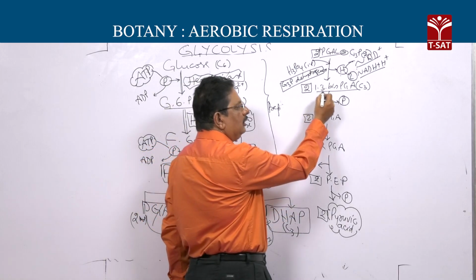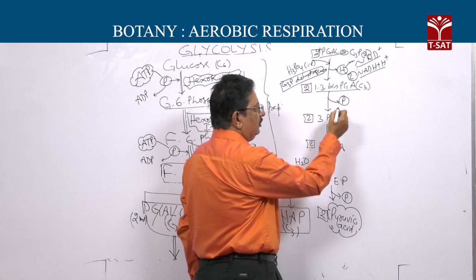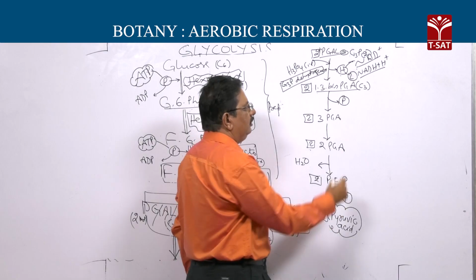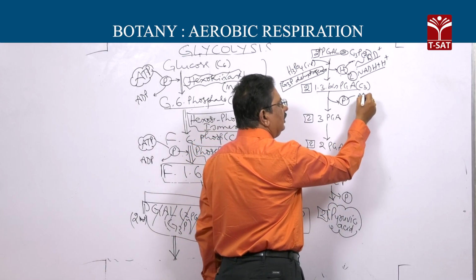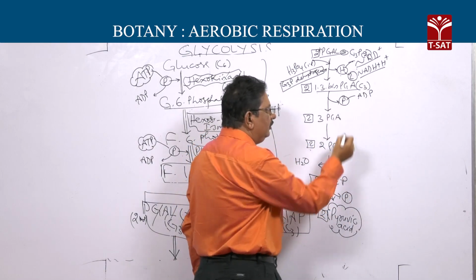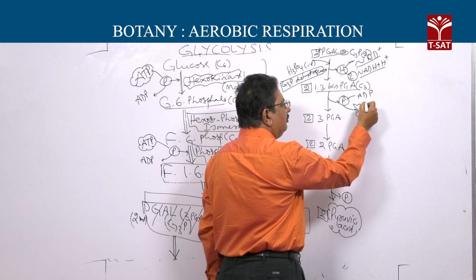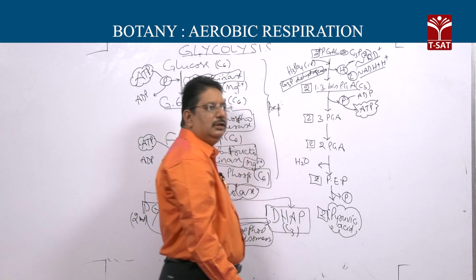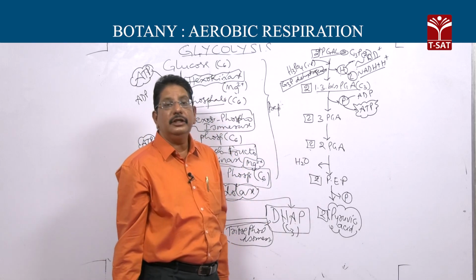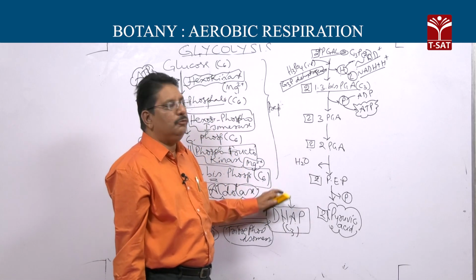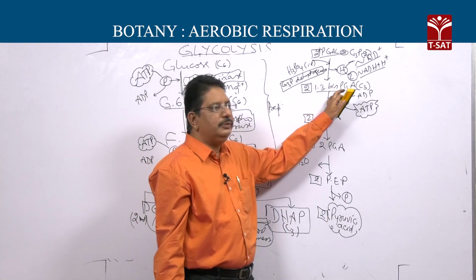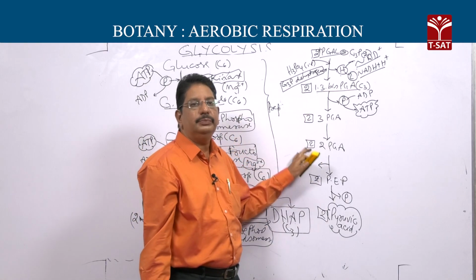Next, this 1,3-bisphosphoglyceric acid loses a phosphate, which reacts with ADP and converts into ATP. See, this is the first time in respiration that ATP is generated, when 1,3-bisPGA is converted into PGA.